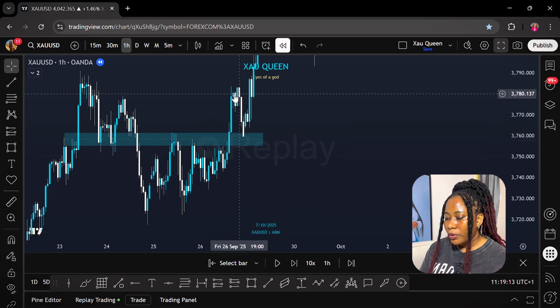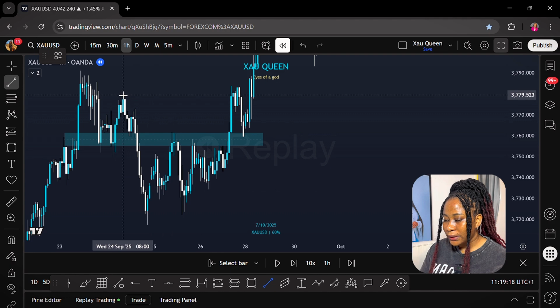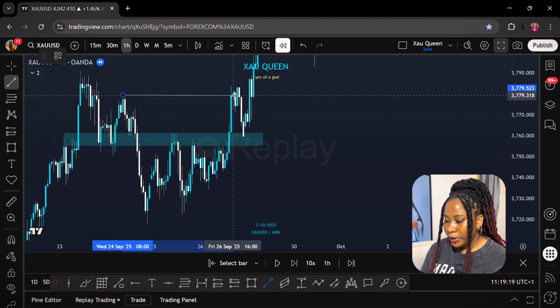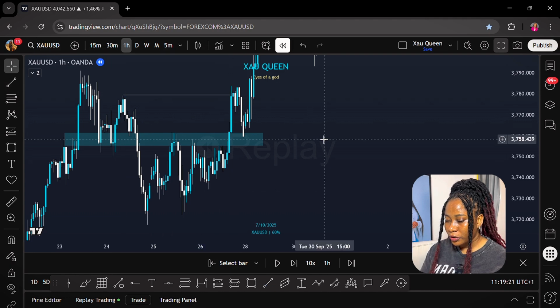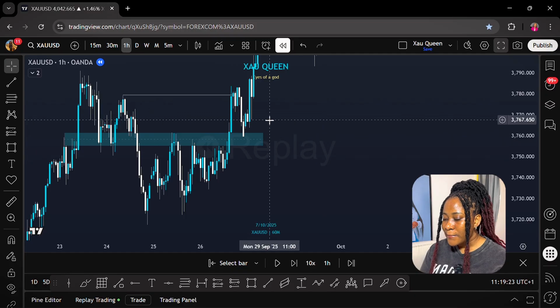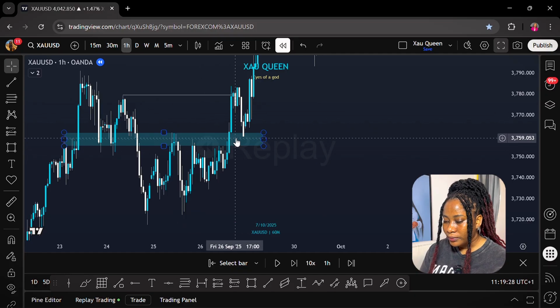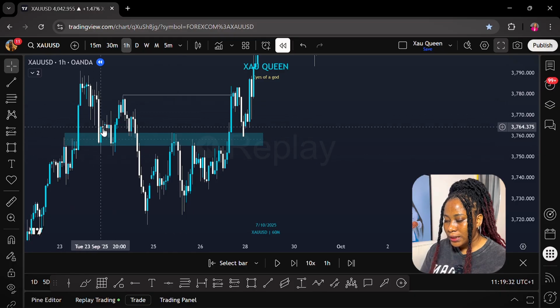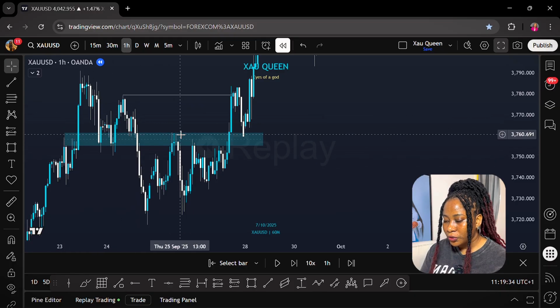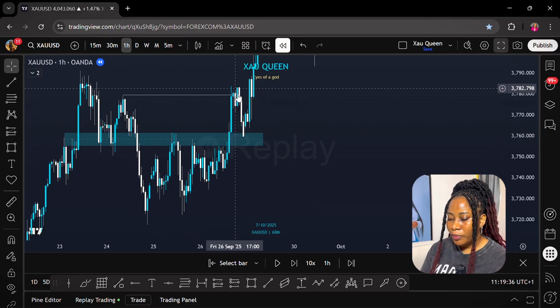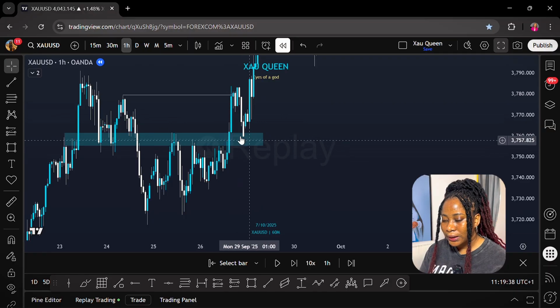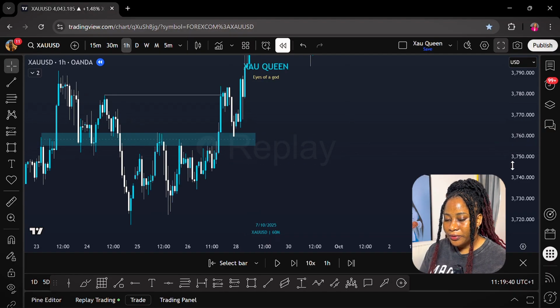So we got a break of structure, internal break of structure here. And this was the former resistance. From here it was resistance, then it turned support. We broke it, it turned resistance, and then we broke above it, it returned to support. Now this is an area of support.